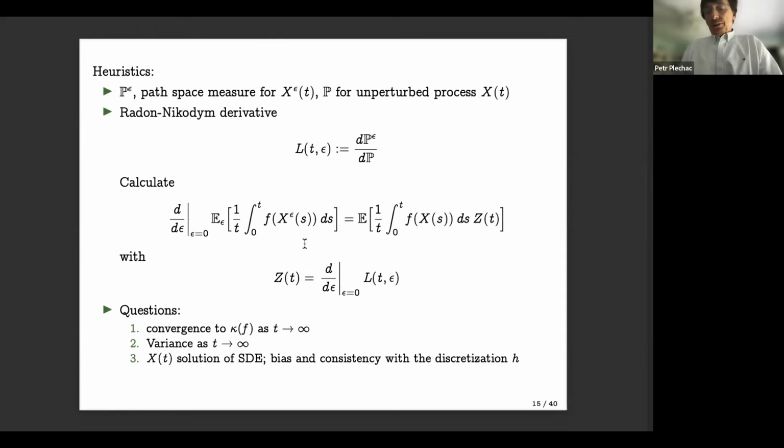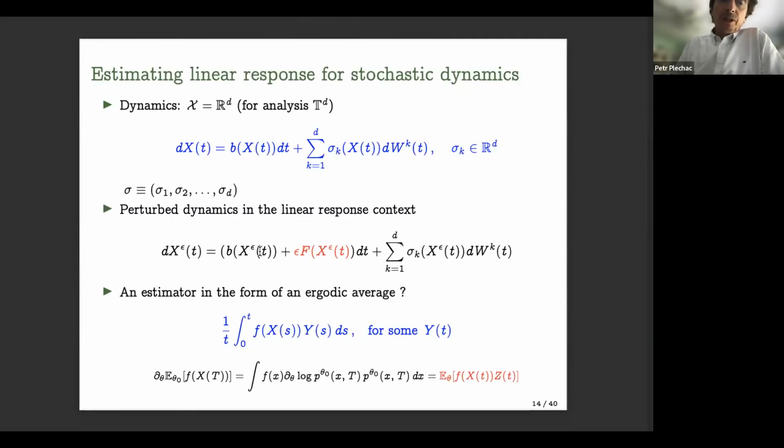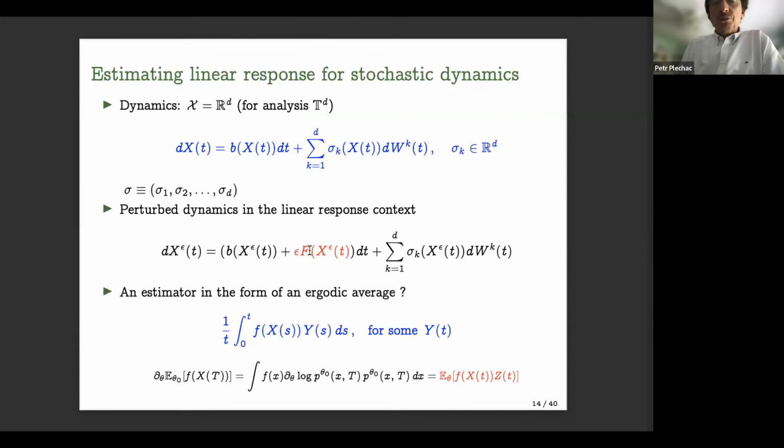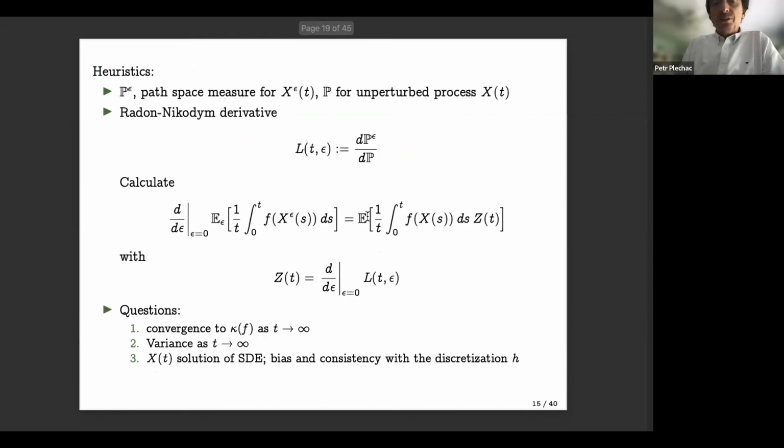And of course, for this particular case, using the Girsanov formula, you have an explicit form for this L, and then you differentiate, and you get Z, and that's how this F comes into the game here. But this expected value is under the P, so you just simulate the unperturbed problem.